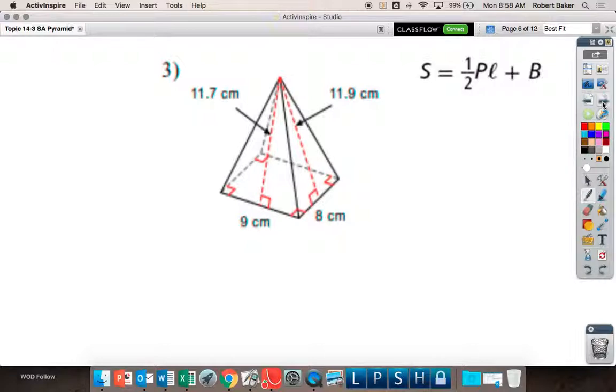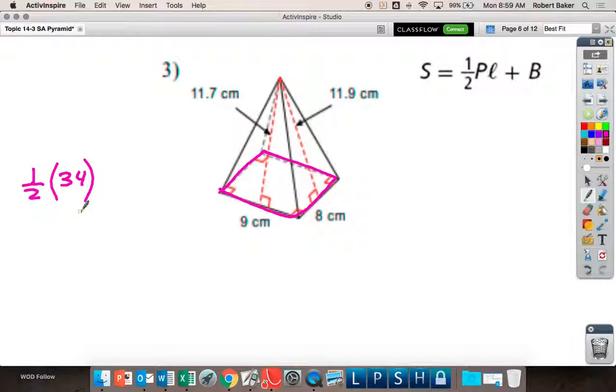Let's see what happens. So we'll do one answer in pink here. 1/2 times the perimeter of the base, 9 plus 9 plus 8 plus 8, that's 18 plus 16, 34. Times the slanted height. Which one do you want to use?